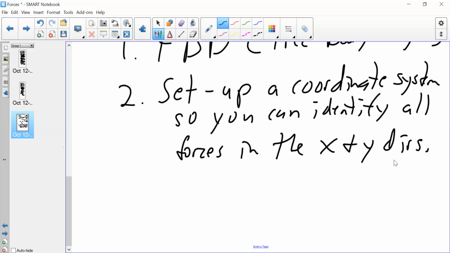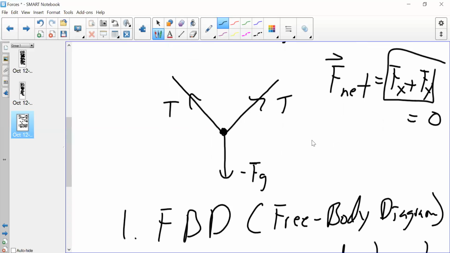So what do I mean by that? You have your free body diagram here. The tensions are going towards the ceiling, going away from the object. The coordinate system here is just going to be a normal coordinate system. You're going to have y-axis there, x-axis here.